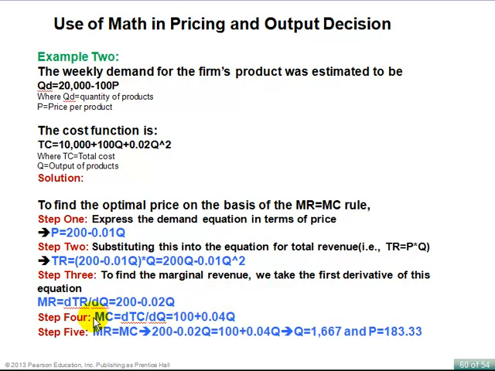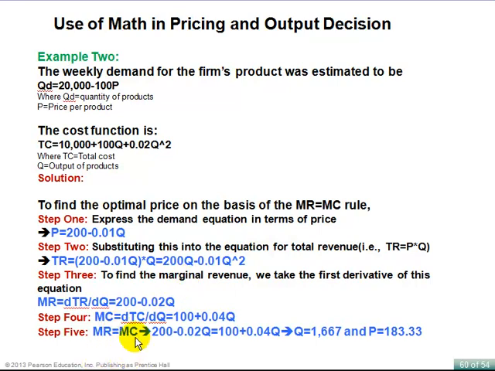Step 4, we need to find out the MC. So MC is the derivative of the total cost. From these given equations, that is 100 plus 0.04 Q. Step 5. Once we find the MR and the MC, we make the MR equal to MC, then we can find out the optimal price and the optimal quantity.